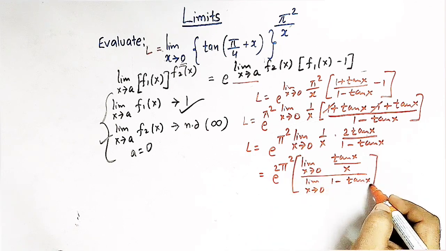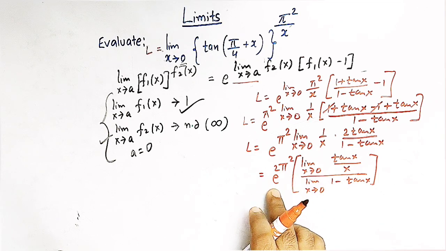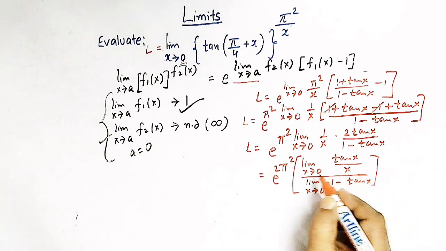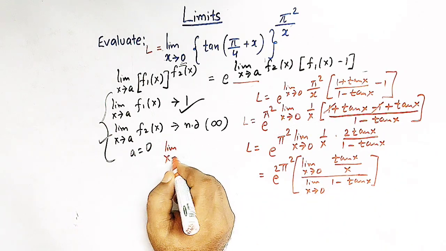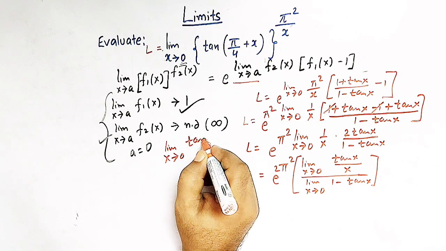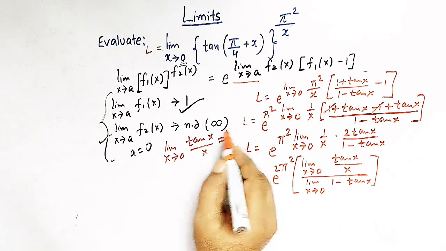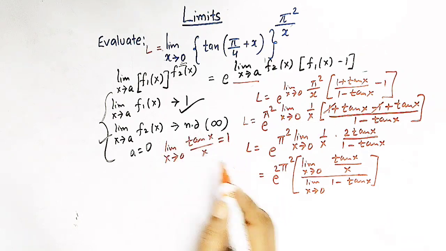And this entire term is in the power of e. So now this limit, that is limit x tends to 0 of tan x over x, is equal to 1 from the standard results from limits. So this limit is equal to 1.